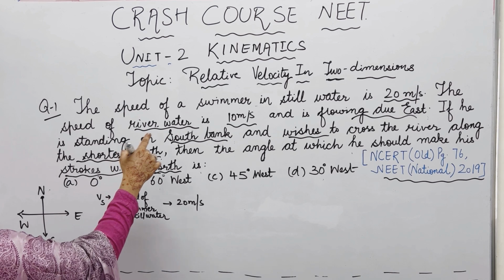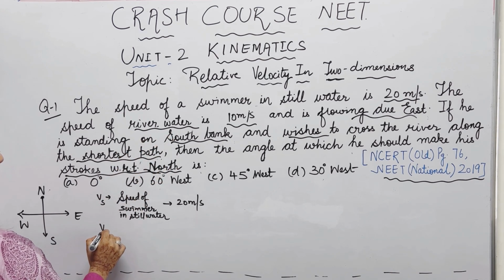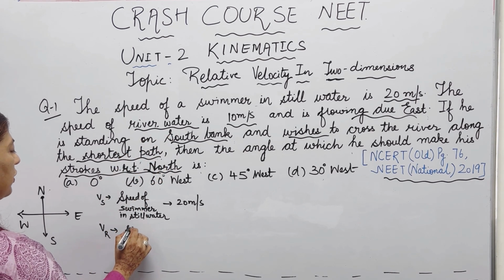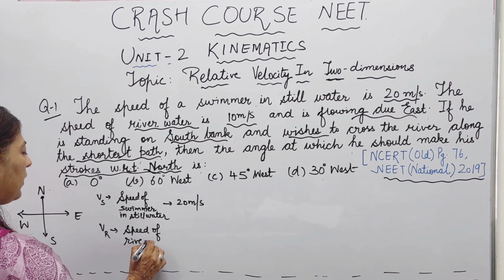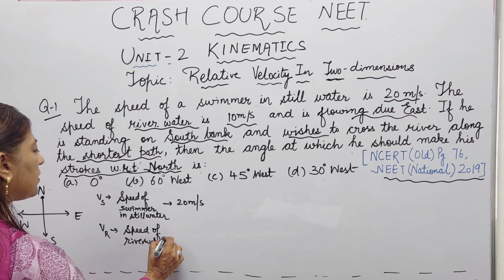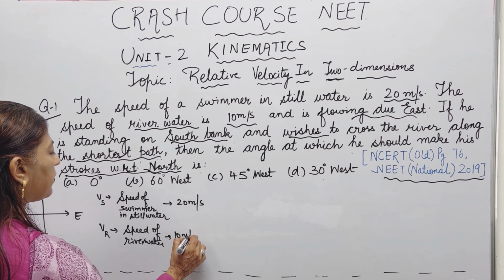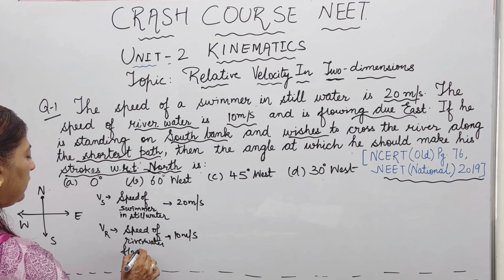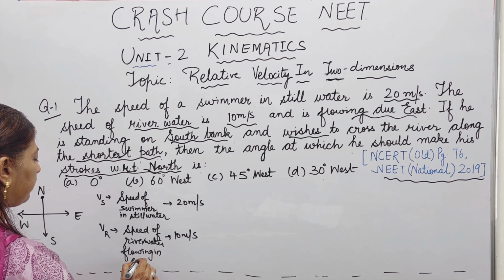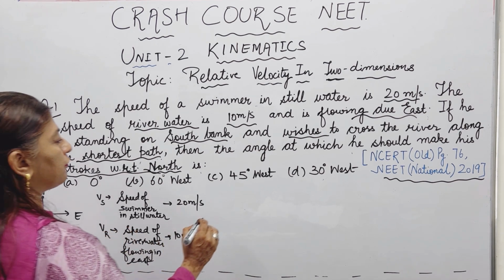The speed of river water, let Vr be the speed of river water, and this is 10 meter per second, flowing due east, flowing in the east direction. So let us make the diagram for this.